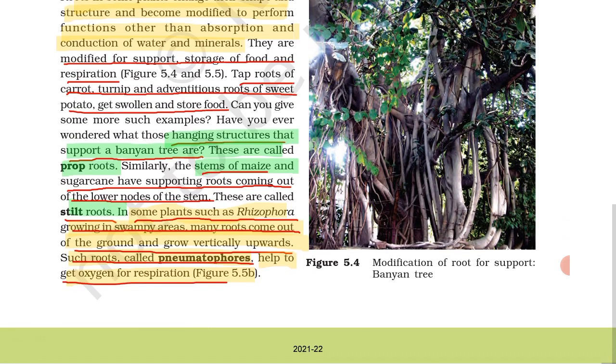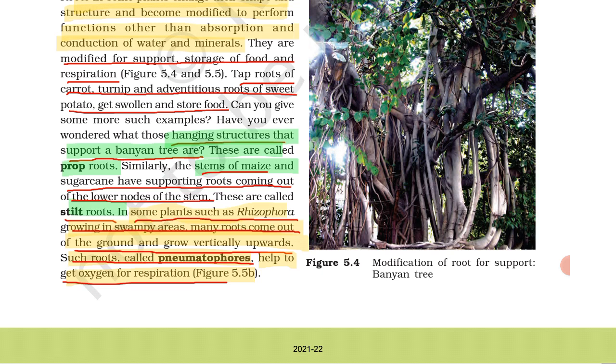In some plants such as rhizophora, growing in swampy areas, many roots come out of the ground and grow vertically upwards, such as nematophores, to help get oxygen for respiration. So what happens in swampy areas is that roots come out of the ground vertically upwards, meaning they grow opposite to gravity.